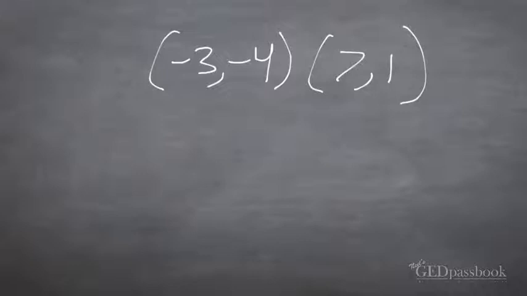We have y2, no, subtract y1 over x1, x2, subtract. Yeah, close. It's y2 minus y1.